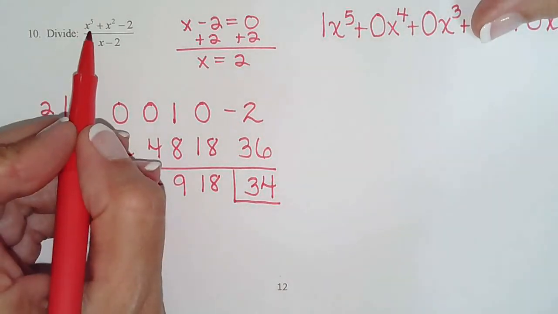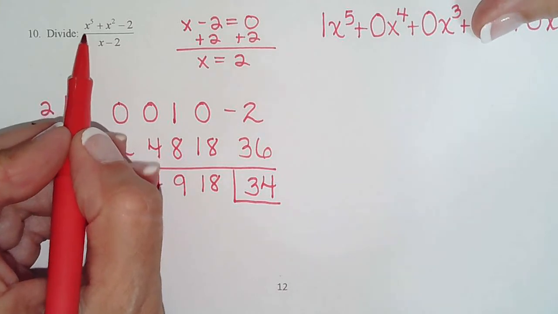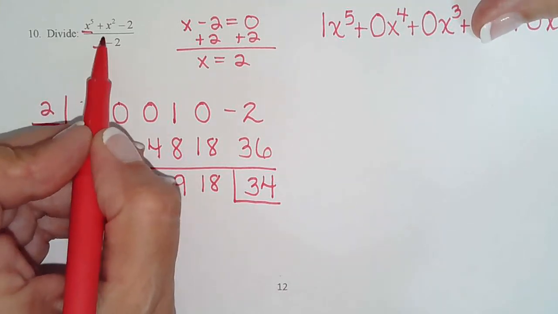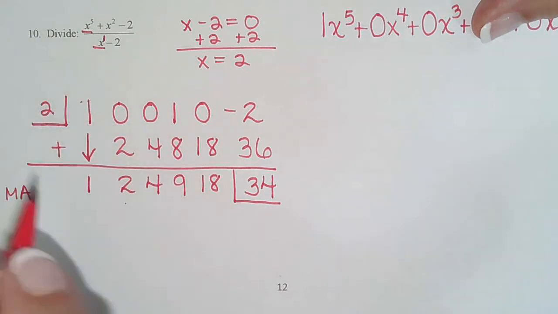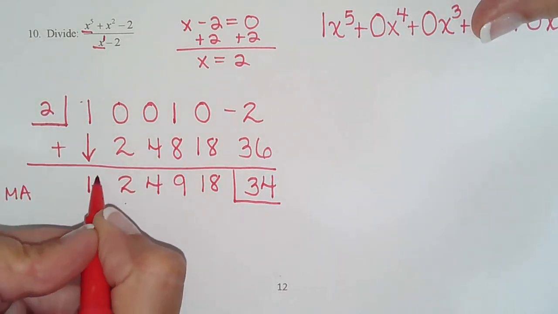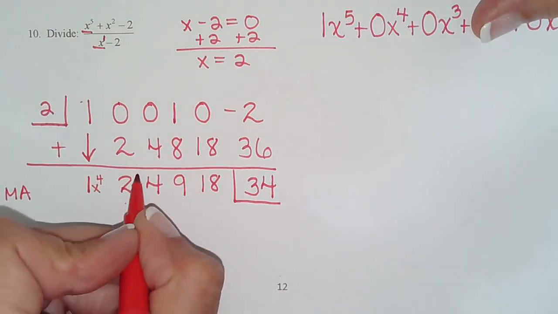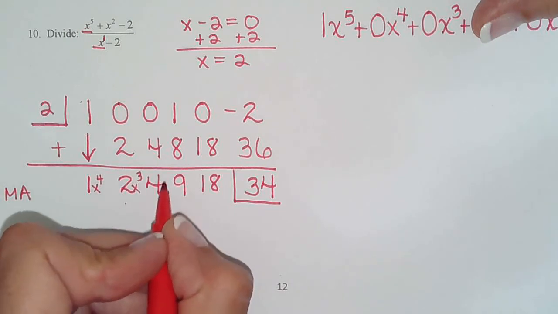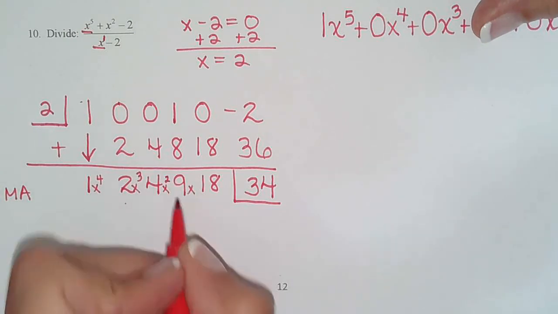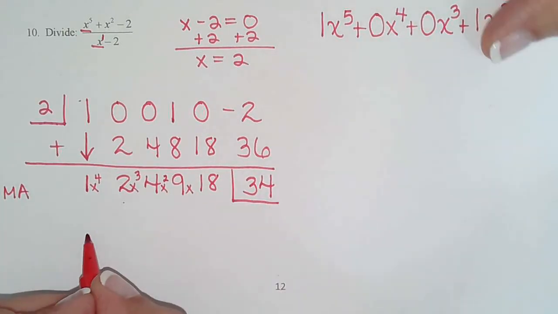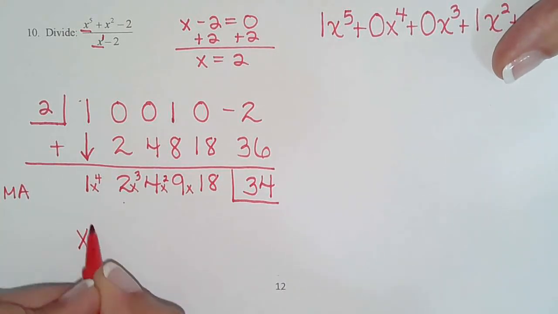So look up here, x to the fifth divided by x to the first. 5 minus 1 is 4. So this would be x to the fourth, x cubed, x squared, x, constant. So it looks like my answer is going to be x to the fourth.